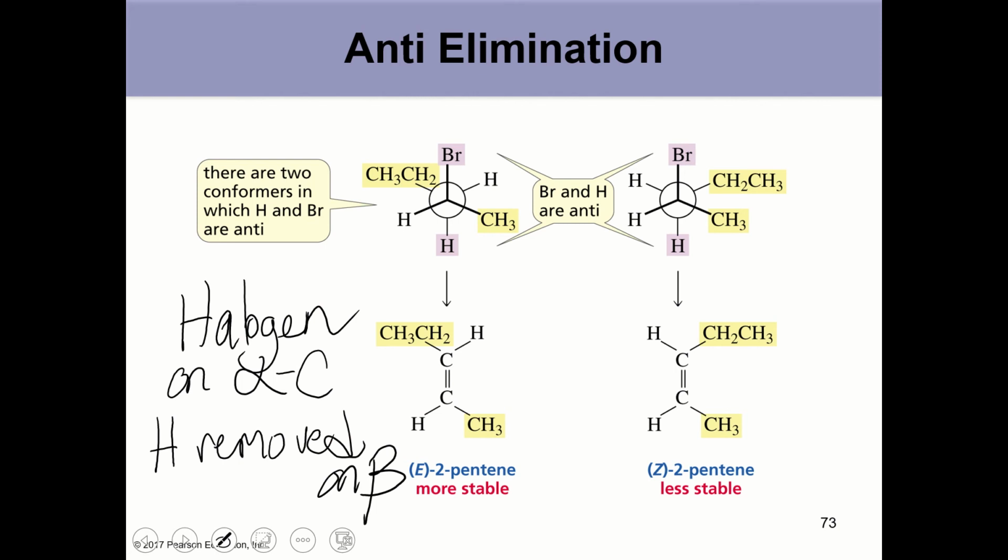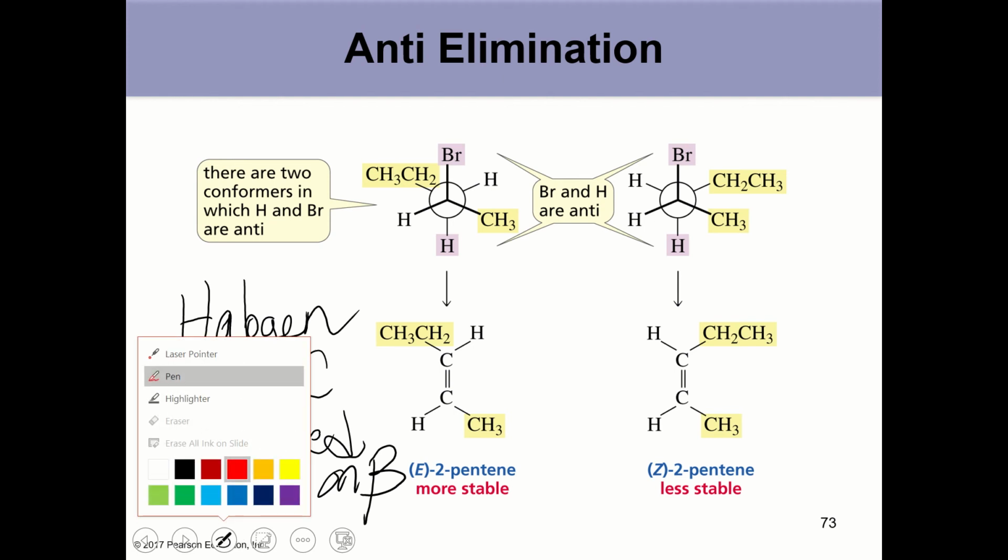Anti-elimination is when the hydrogen and the bromine are anti to each other. It's most obvious in the Newman projection that they are anti. And the most stable alkene is going to be formed when both the hydrogen and the bromine are anti and the two largest alkyl groups are anti.